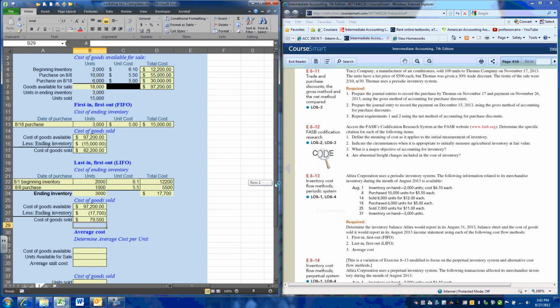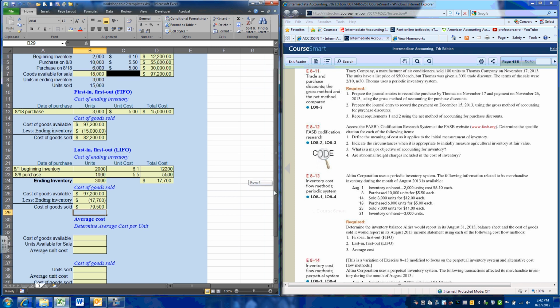The last valuation technique we're going to use is the average cost. To apply this, we begin with the cost of goods available for sale, $97,200. We'll then determine the number of units that are available for sale, which was 18,000, and we'll determine the average cost by taking the total cost and dividing it by the total number of units, and come up with an average cost of $5.40.